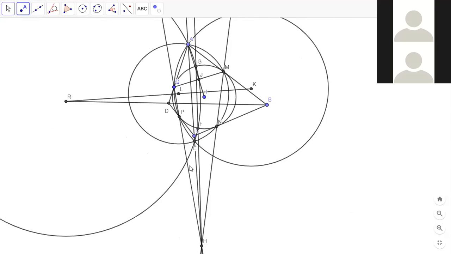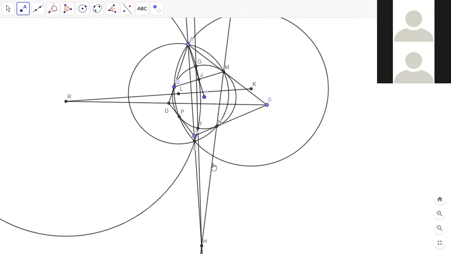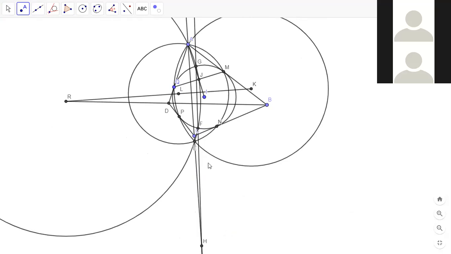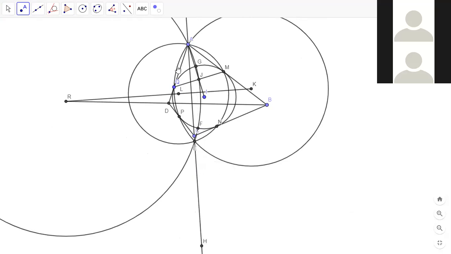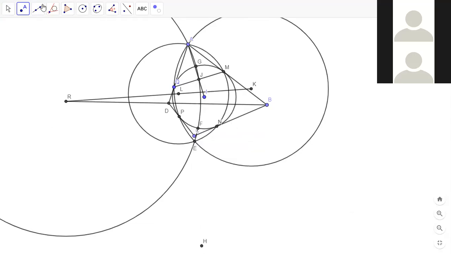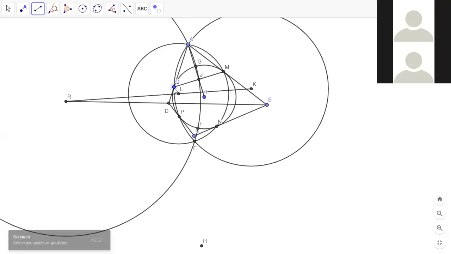That AE is concurrent is actually just the radical axis theorem. Okay. But I'm not 100% sure that the proof I came up with for GF also concurring doesn't use the fact that we should prove.